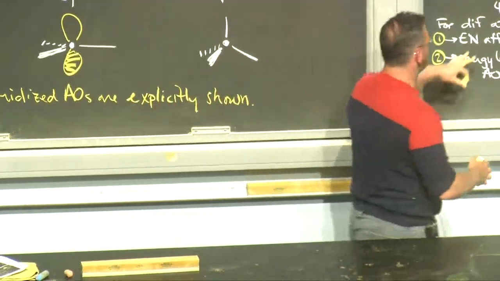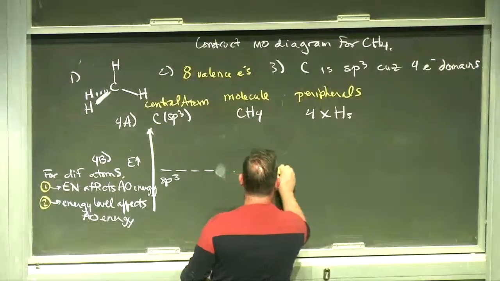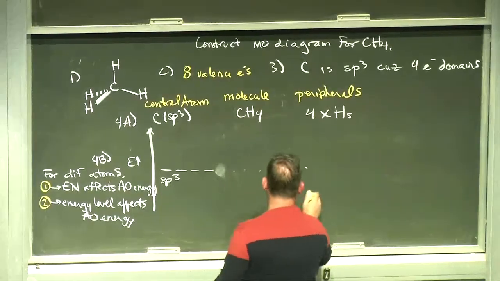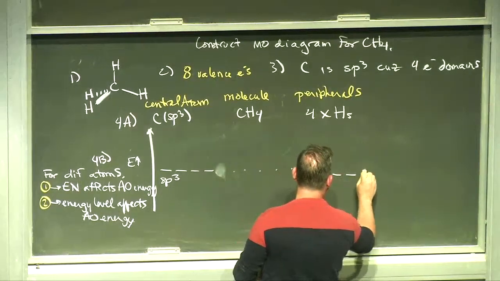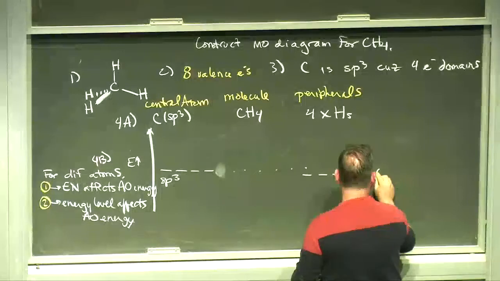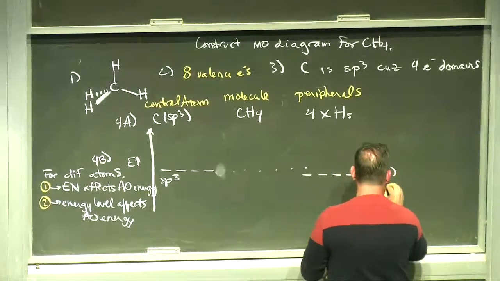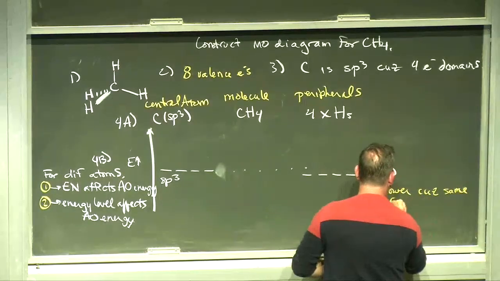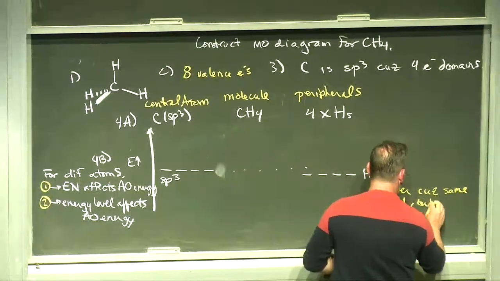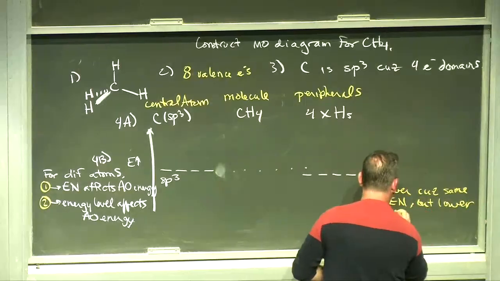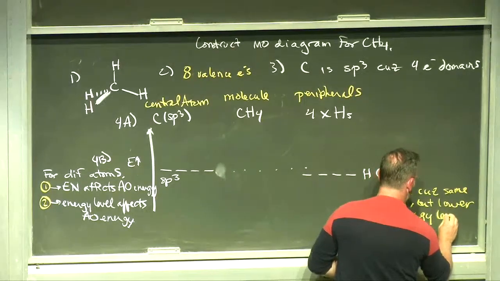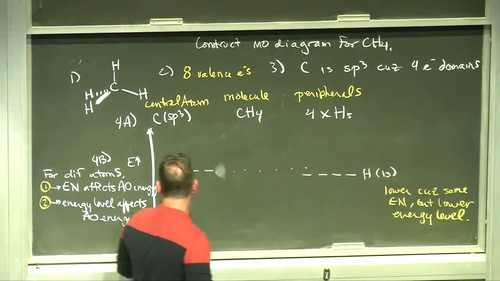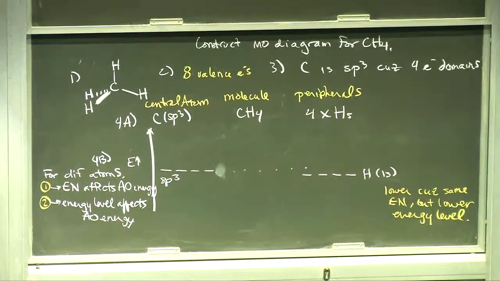If the main thing is electronegativity, then it's probably close to here, but it's a lower energy level, so let's go a little bit below. So lower, because same electronegativity, but lower energy level. That's the new thing that we're seeing today for 4B. How do we really evaluate the energies of different atoms?